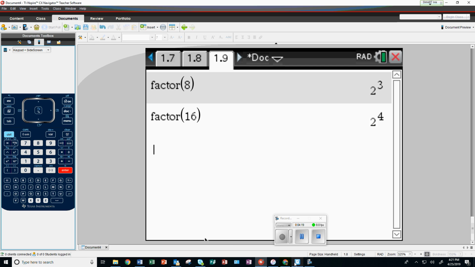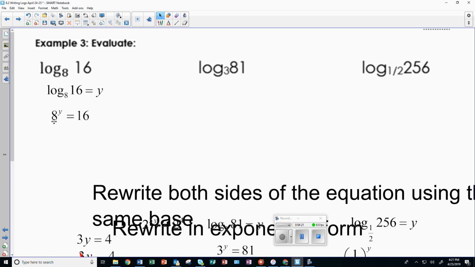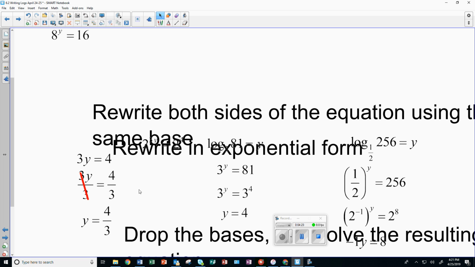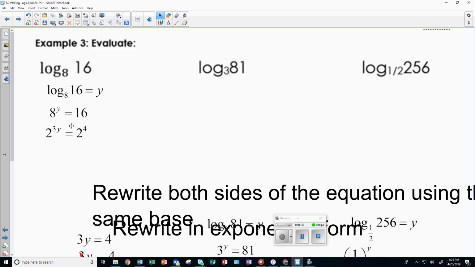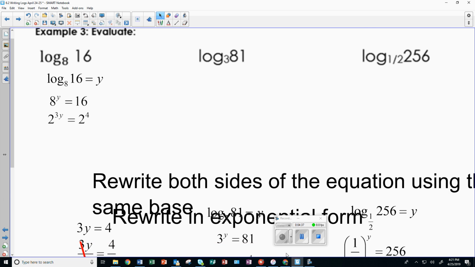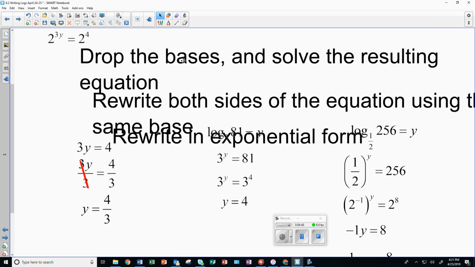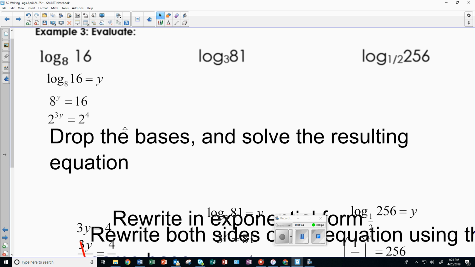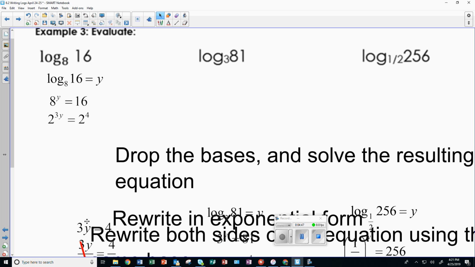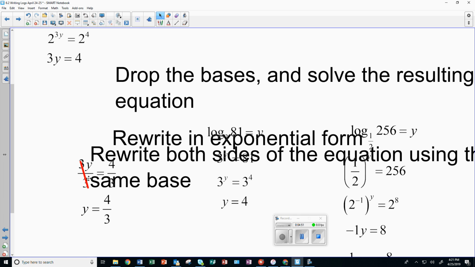So what does that buy us? Then that means 8 can be written as 2 to the power 3, and 16 can be written as 2 to the power 4. And don't forget about the y. Since the bases are the same, you can drop the bases and solve the resulting equation.